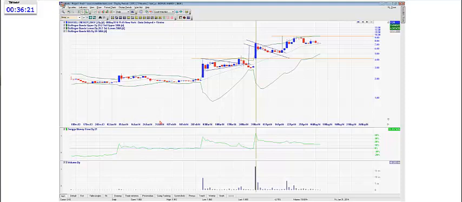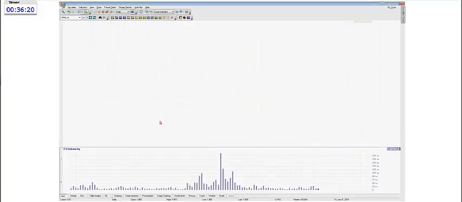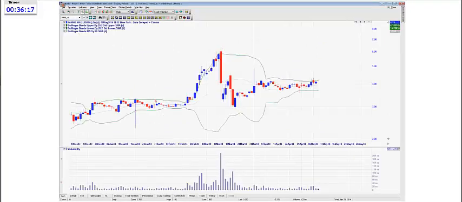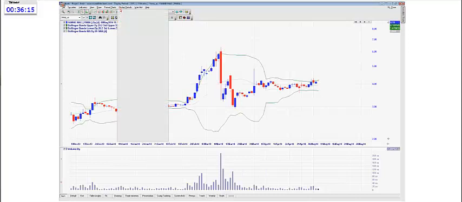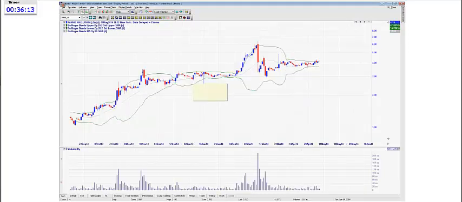I'll show you a couple of others. Here's another example of a flag, Fannie Mae. Yes, so basically Fannie Mae, if you have a look here, we have an ascending triangle formation.